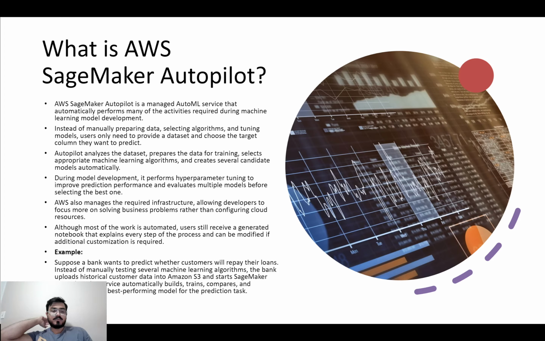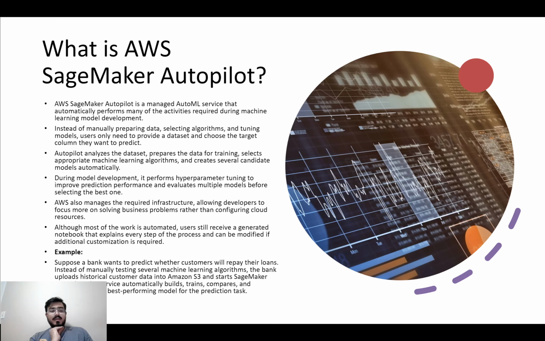Once all candidate models have been evaluated, Autopilot recommends the model that performs the best. This allows developers to spend less time configuring cloud resources and more time solving business problems. This notebook explains every step that was performed and can be modified if additional customization is needed.